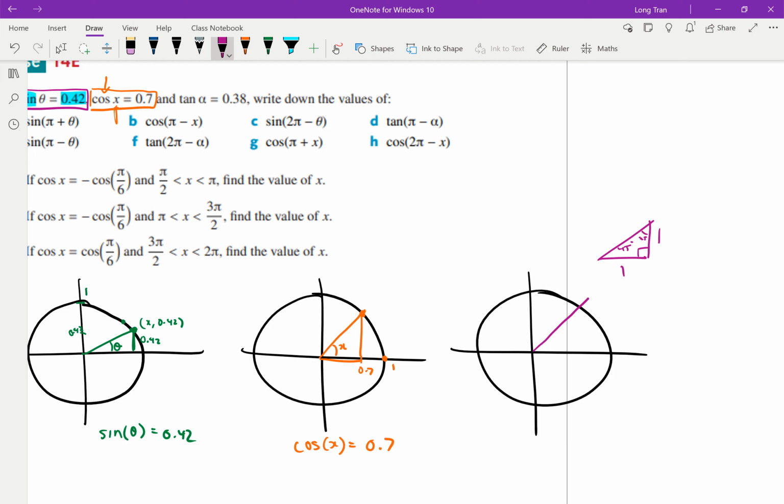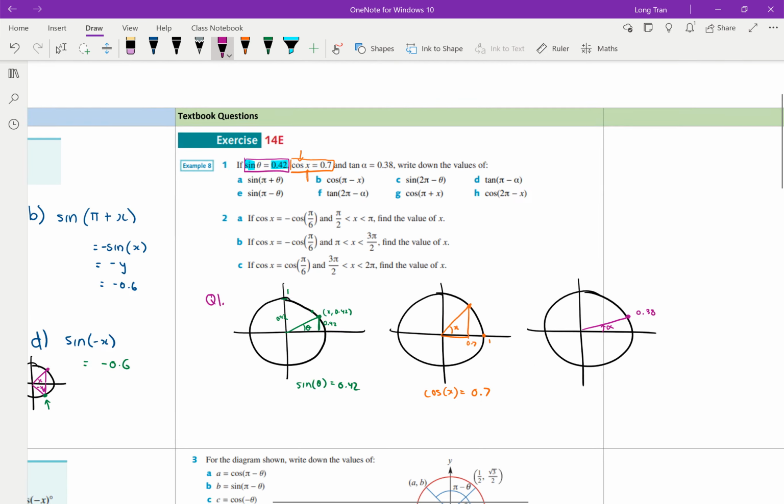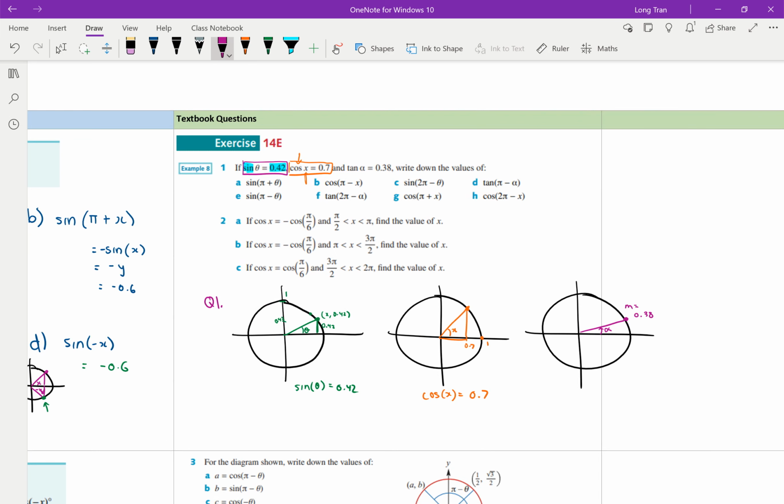So if I have a gradient of 0.38, I expect it to be something like this. That's what tan is. Tan has a gradient of 0.38, and that angle there is alpha. So m equals 0.38.